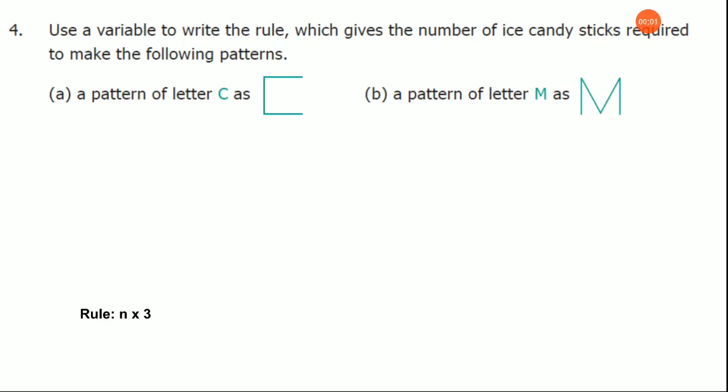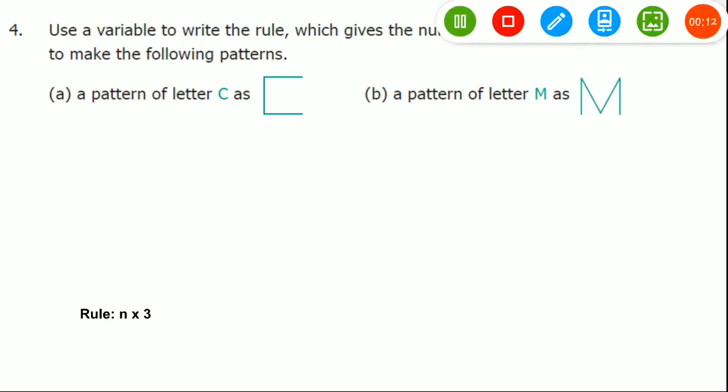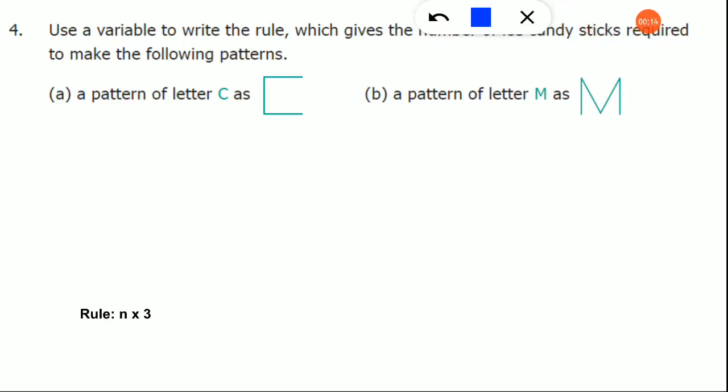Now, look at the subdivision A, a pattern of letter Cs, and they have used candy sticks and drawn that alphabet C. So how will you start to solve this? For 1 C, how many matchsticks will be needed? It needs 3 matchsticks.